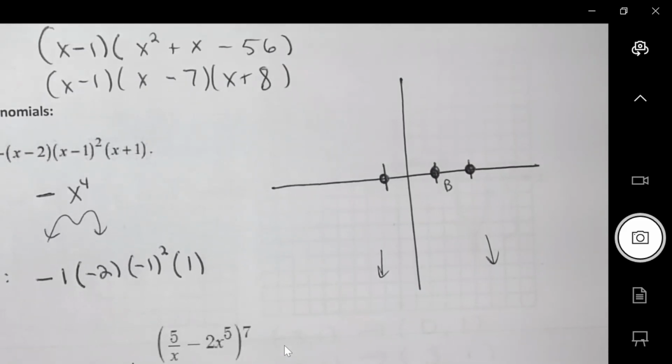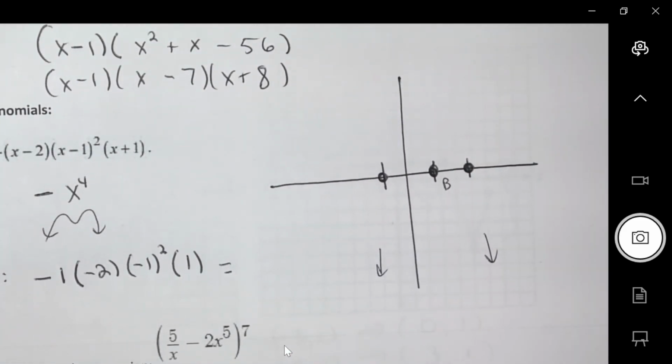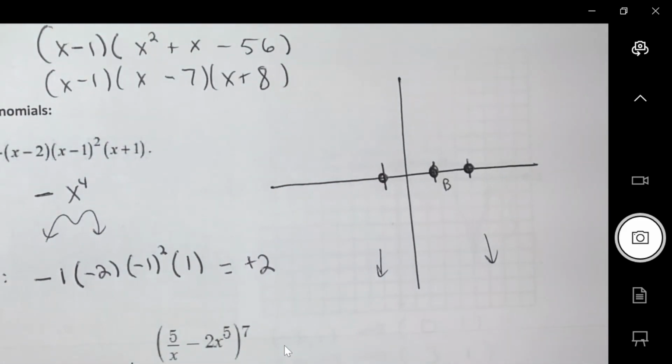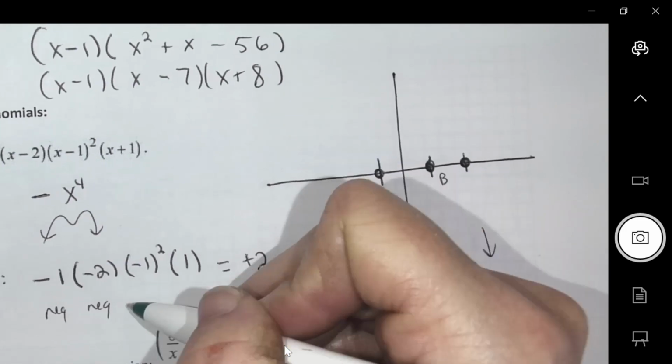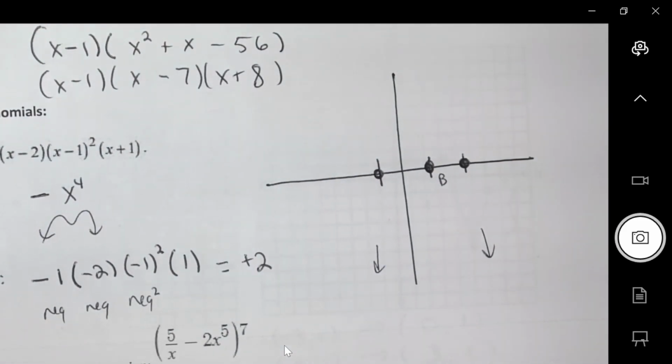what kind of 2 is it going to be? Positive or negative? We got all kinds. It's a 50-50 chance of you getting it right. Positive 2. How is it positive 2? Because we have a negative, a negative, a negative squared, which makes altogether how many negatives? 4 negatives.